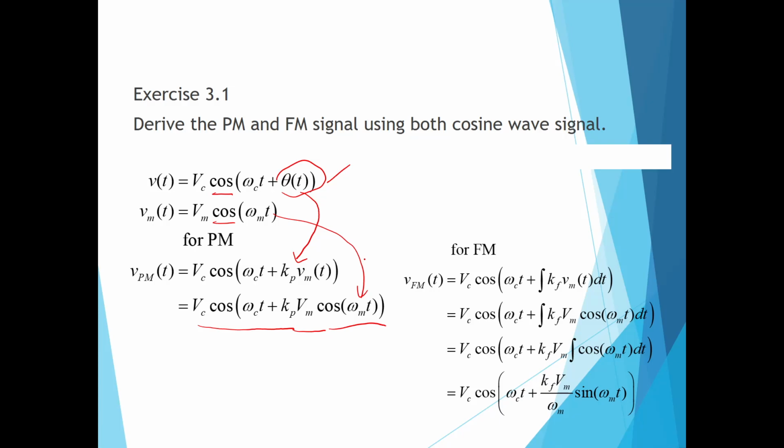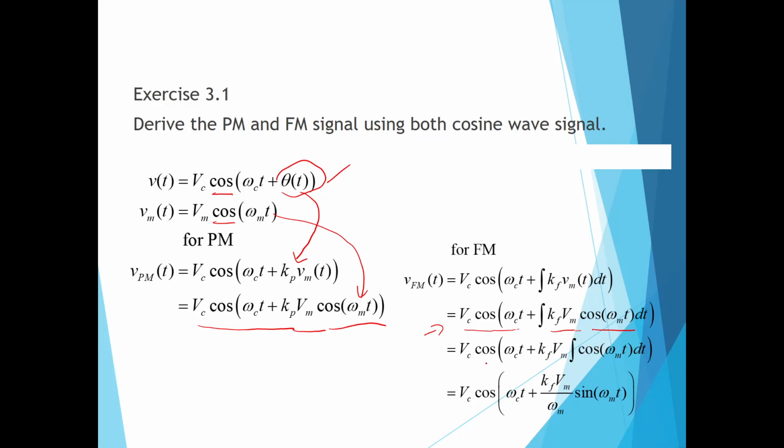Okay, and then what? For the frequency modulation, you can find the equation by the integral of Kf Vm(t). So Vc cos omega_c t plus the integral of Kf Vm cos omega_m t.